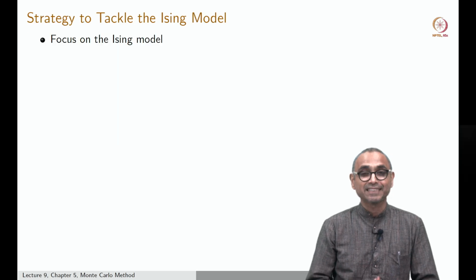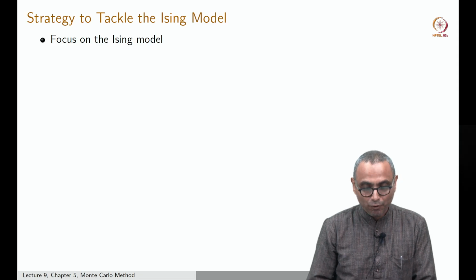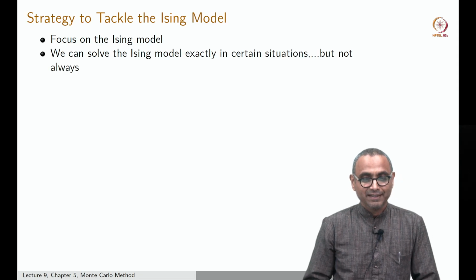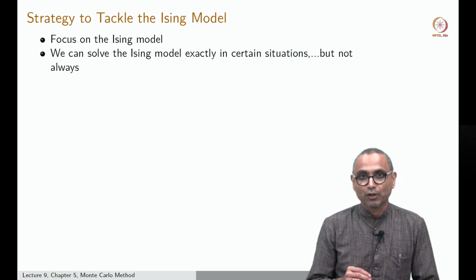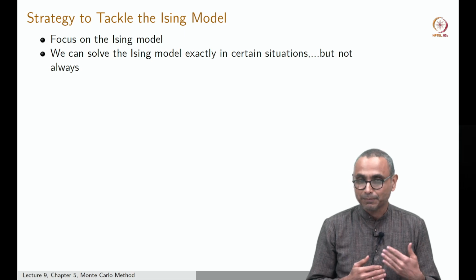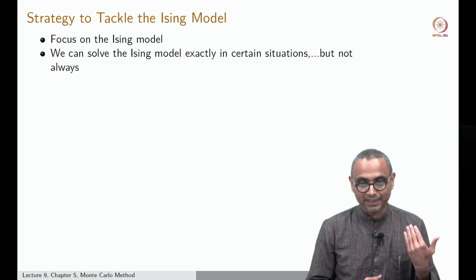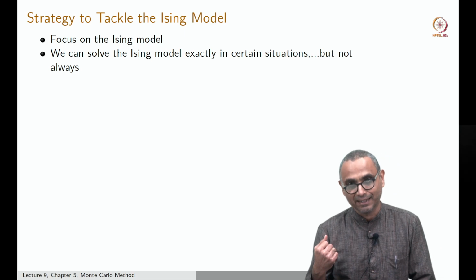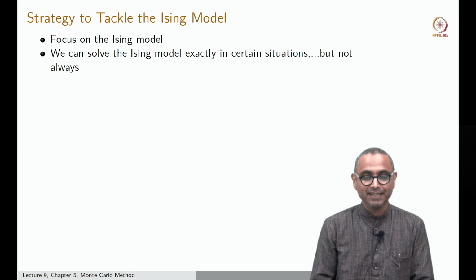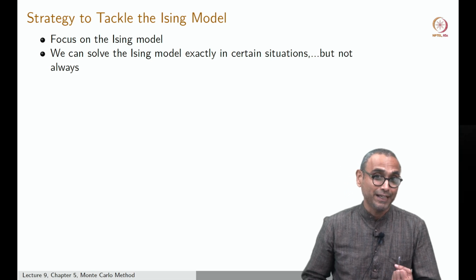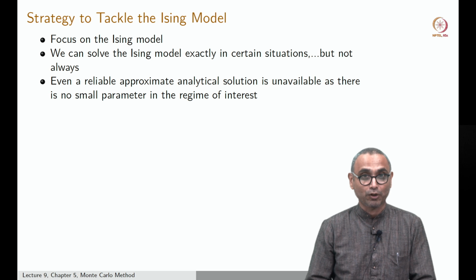So the strategy is the following. We will focus on the Ising model. As I said, we can only solve the Ising model approximately, even only in certain limits. Particularly, we will see that we can always do it in the very high temperature limit and very low temperature limit. But in particular, if there is a phase transition, it's difficult to tackle the Ising model there.